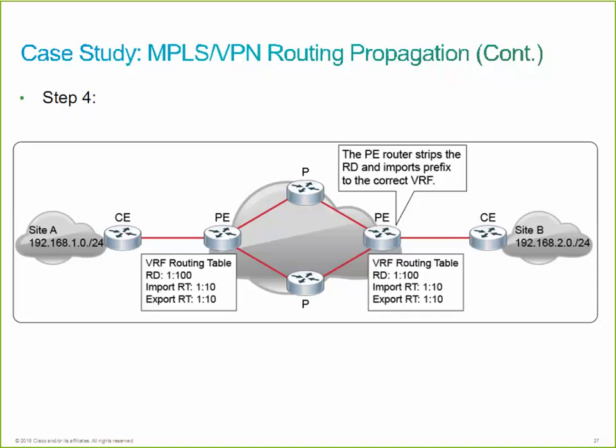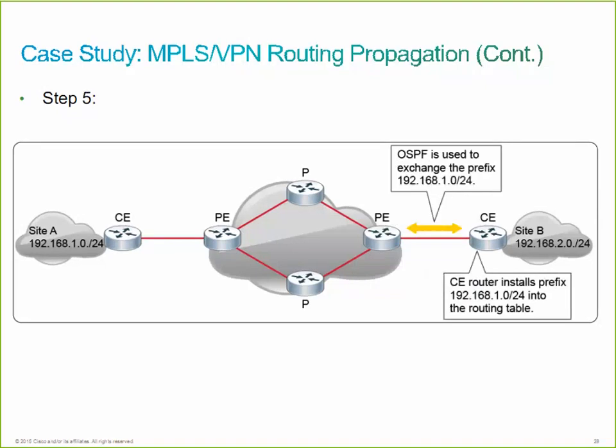All right. Now on step 5, we have essentially agreed with the service provider to establish an OSPF connection from the PE router on the right side to the CE router at site B, just like we did on step 1 where we had the OSPF agreement between the CE router and the PE router for site A. So that means that the PE router at site B then forwards the 1.0/24 prefix to the CE router without a route target, without a route distinguisher, because that's all gone now.